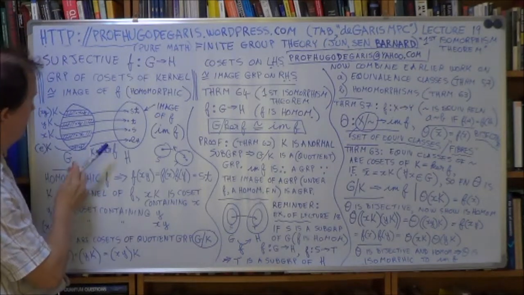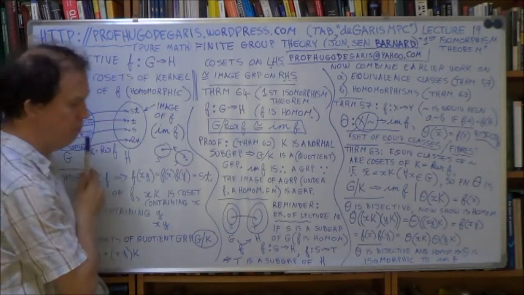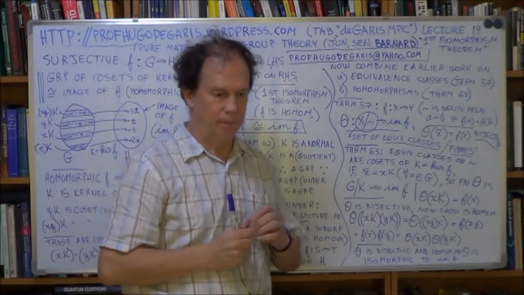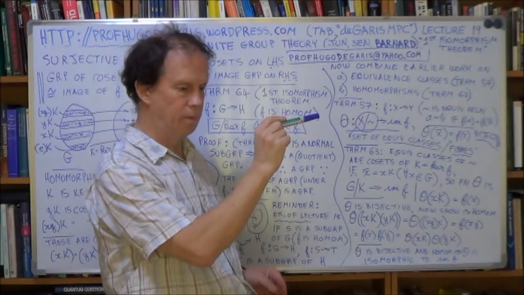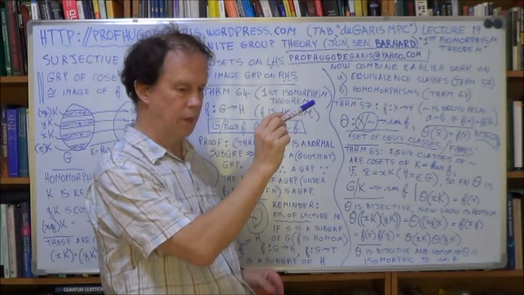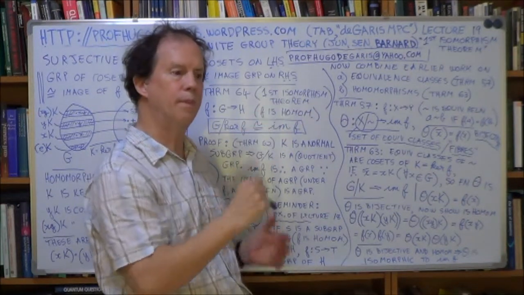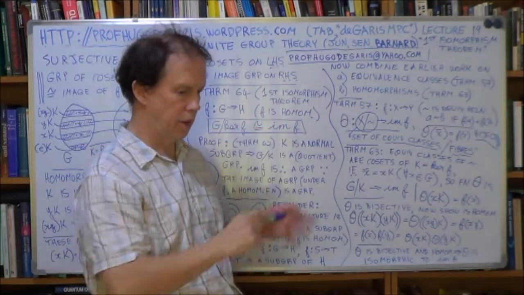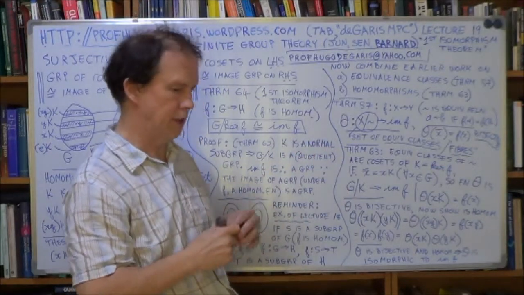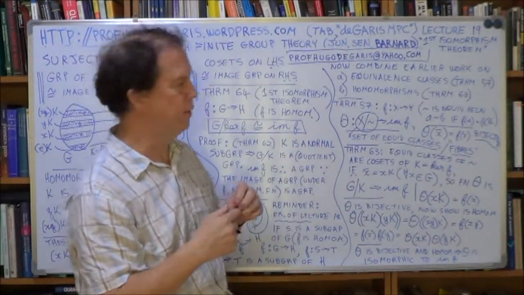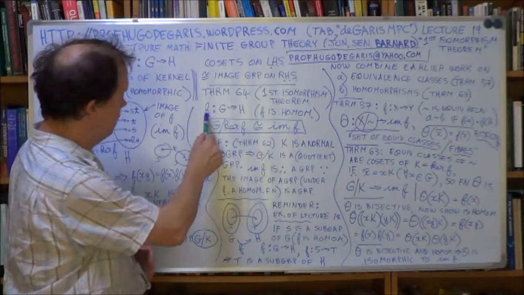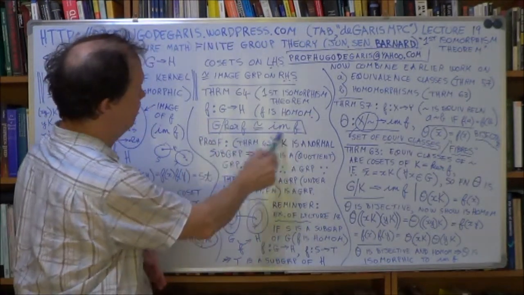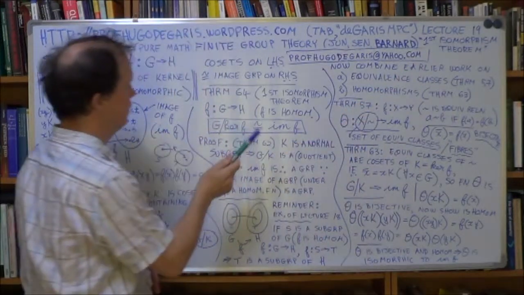Remember, if two cosets are the same, like if you have xk equals yk, then we had theorems about that. Then x and y belong to the same coset. All right. So there's the statement in shorthand form of the first isomorphism theorem.